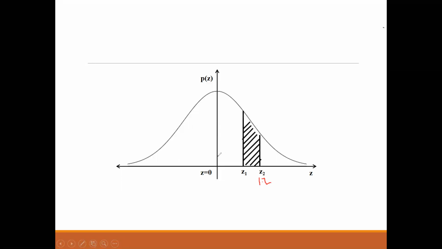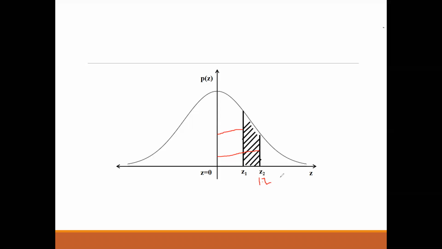So for all the area from here to here, I find the probability. Once I get the probability for this whole area, I subtract the probability for the area from 0 to Z1. If I subtract this probability from this, I'll definitely get the probability for this shaded area.